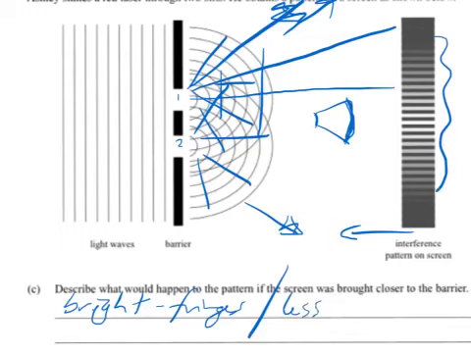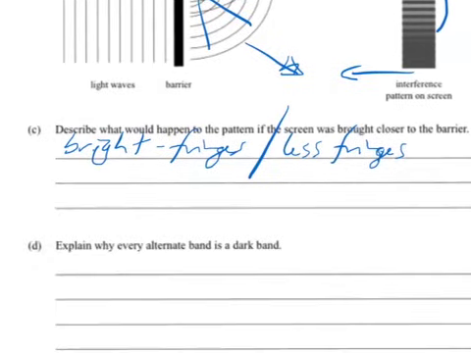You'll have fewer fringes. And when I'm saying fringes here, I'm referring to the bright fringes. You could also talk about the dark fringes. And what else? Oh, the other obvious thing which relates to that is the fringes will be closer together, because the spacing is obviously decreasing. So I won't write that one down, but that's part of it too.